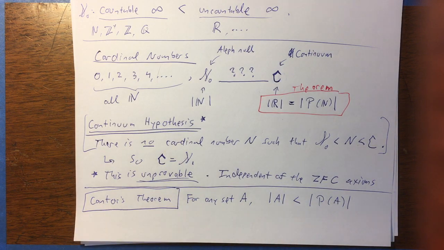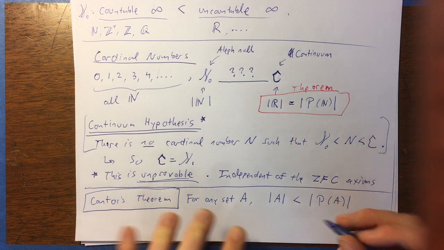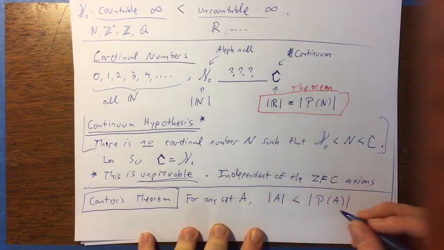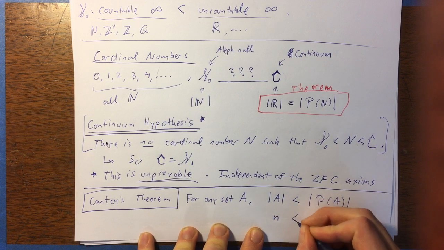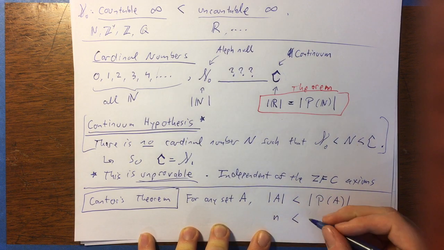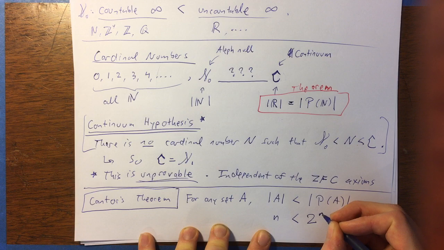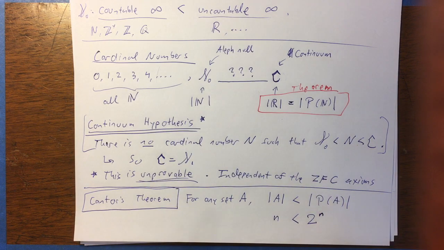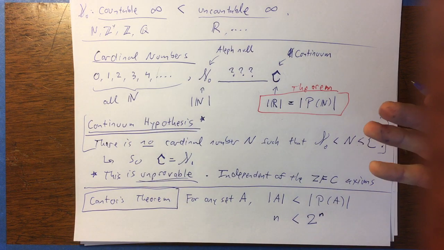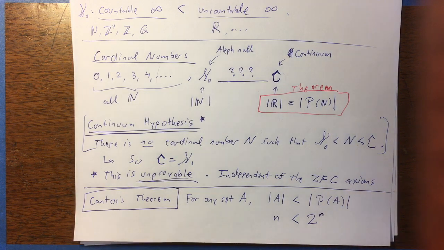So we talked about how if you have a finite number of elements in your set, say the finite number n, then the number of elements in the power set is 2 to the power n. I mentioned that in a previous video, because every element in the set is either going to be included in the subset or not included, so you have two choices for each element: 2 times 2 times 2 times 2, n times, 2 to the power n. That's how you could write that.